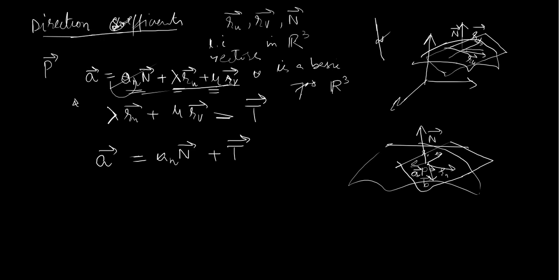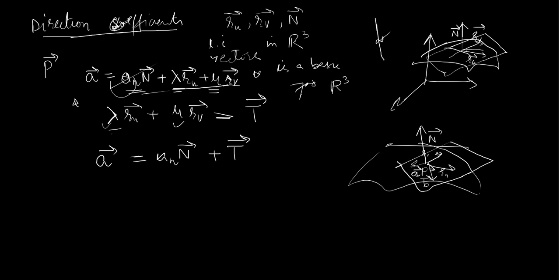But what I'm saying is that the normal component would be the same. That means any direction on the surface at any point would be determined by these two numbers, lambda and mu. So that's why we separated this into the tangential component and the normal component.